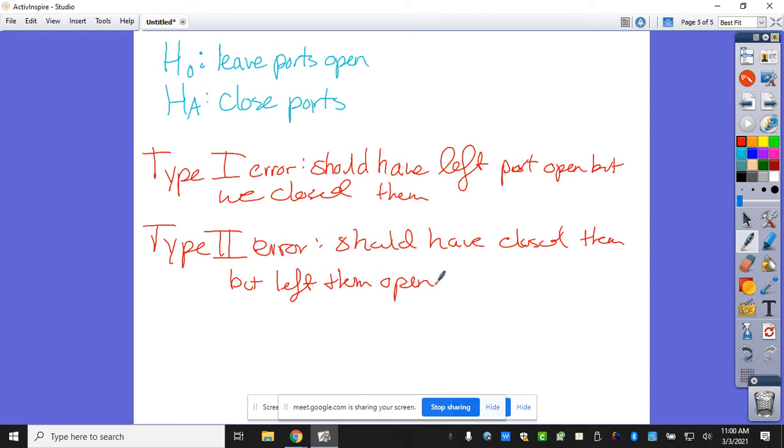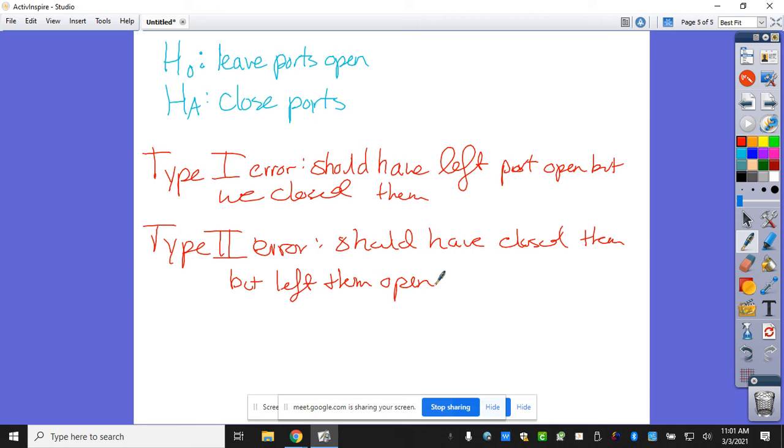Probably this one. But at the time, this is a good example because at the time we didn't know which one was worse or what was the right decision. So when we're making decisions, we have to think about both of these because it's always possible to make errors. So you have to consider both of your errors on each end and which one, in different scenarios, one's worse than the other one.